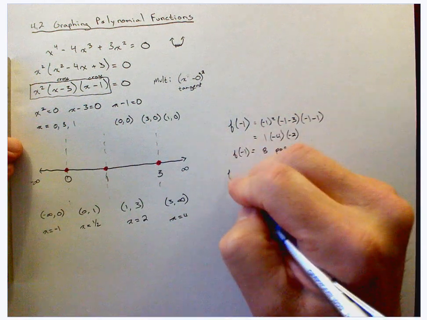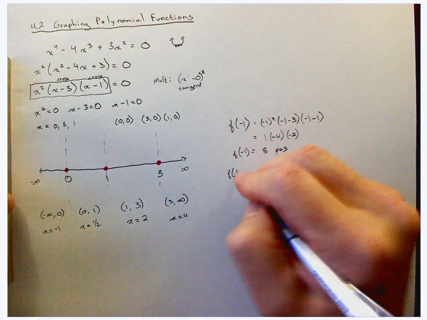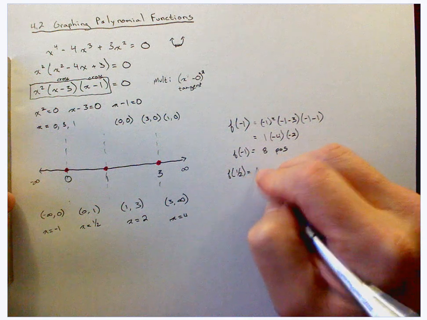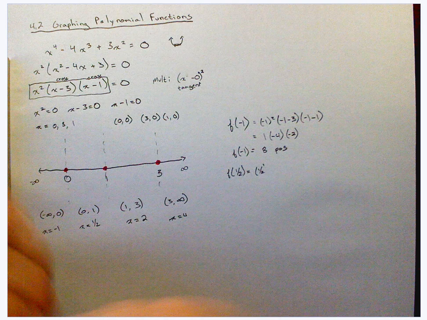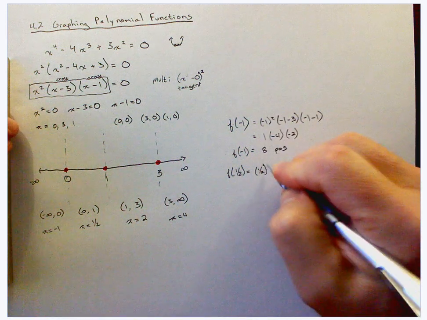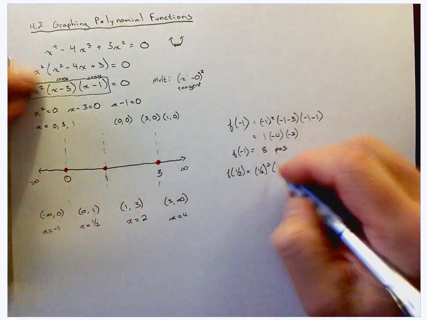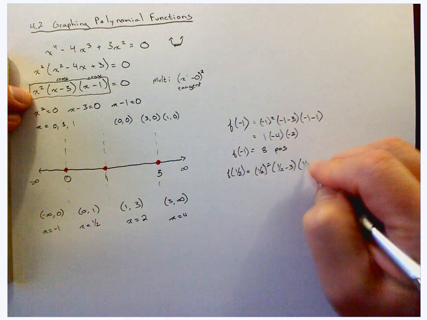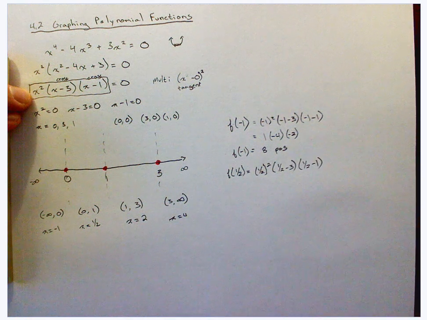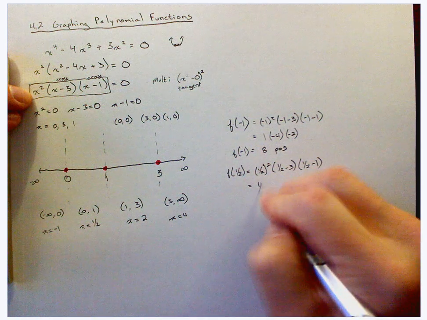And then f of 1/2, so that's 1/2 squared times 1/2 minus 3 times 1/2 minus 1. That's 1/4.